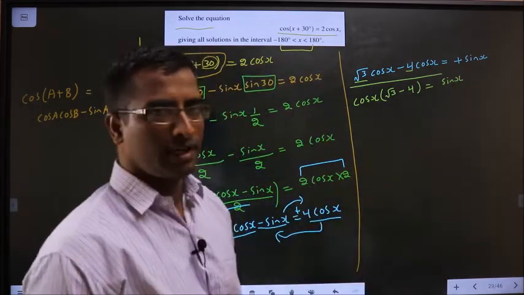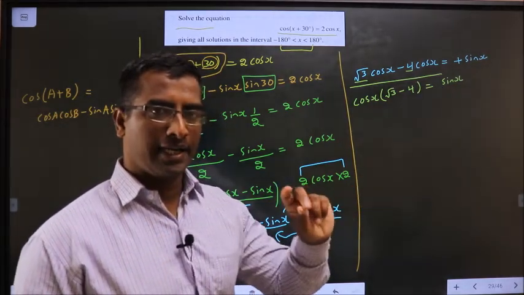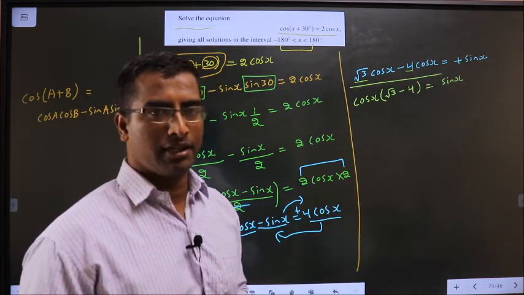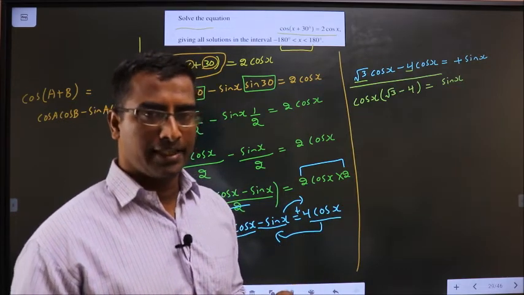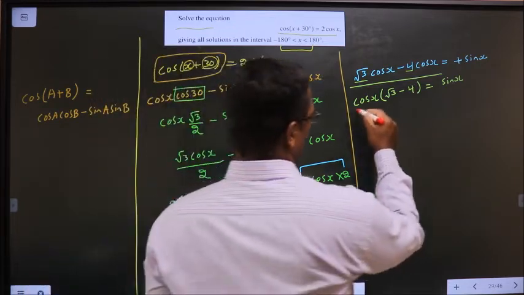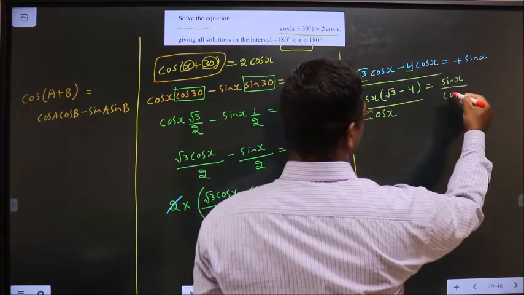Clear? Right? Next. Here there are two trigonometric ratios, sin and cos. I should make them into 1, only then I can find the values of x. And to make them into 1, what we need to do is divide by cos x on both sides.